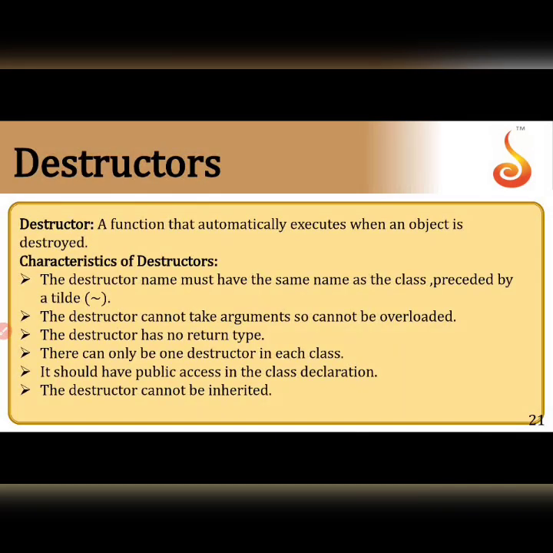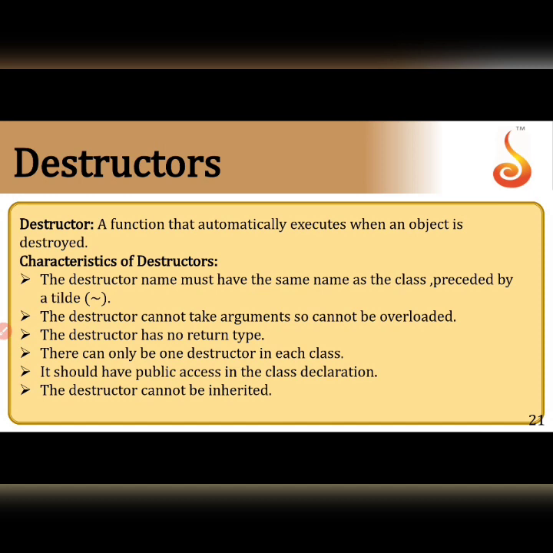We completed all the different types of constructors and we wrote programs. Now we have come to the last topic of this chapter, that is destructors. So what is a destructor? In C++, a destructor is a special member function that is executed automatically when an object that has been created by the constructor is destroyed.